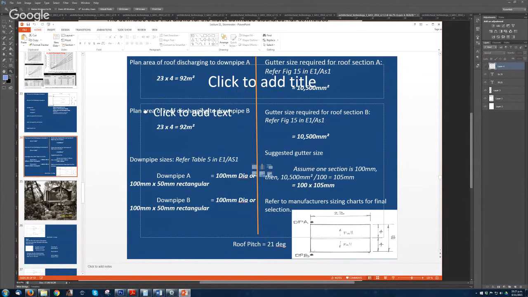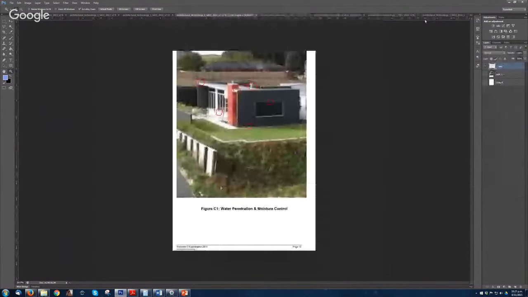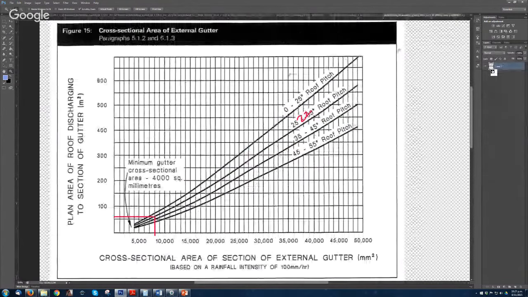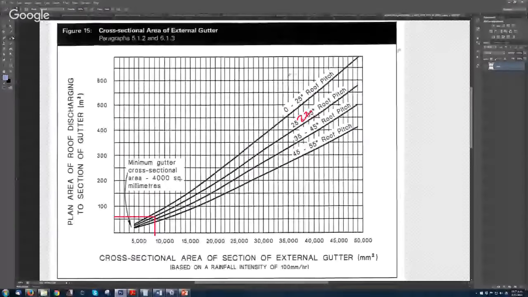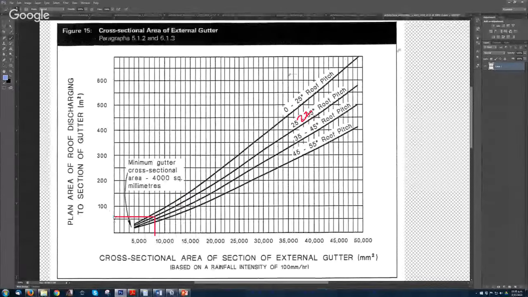I think Sama had a question. How come you got the 8,000? Shouldn't it be 5,000? No. Okay. So if you go back to this line here. The highest catchment that we had was 59, so close to 60. So it's around that line.